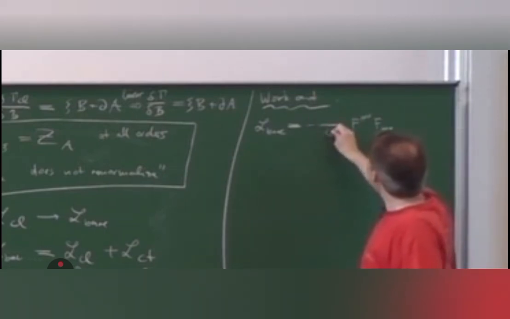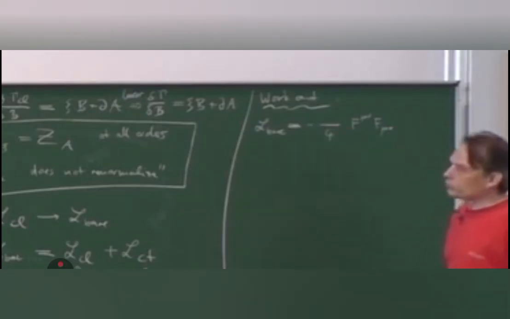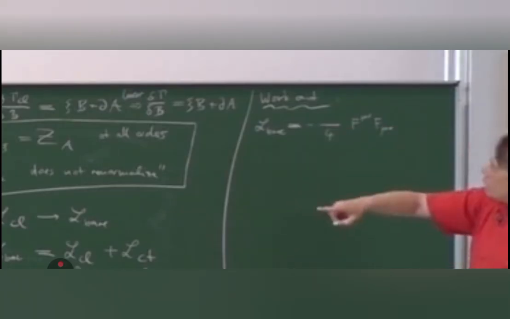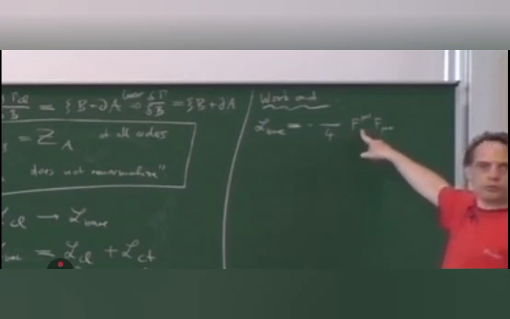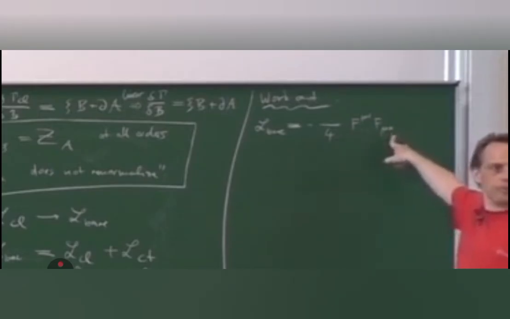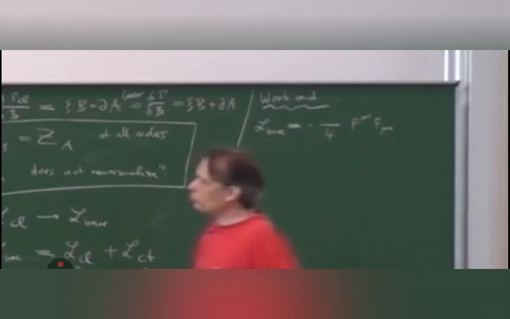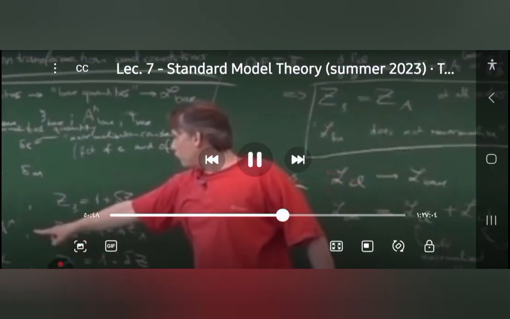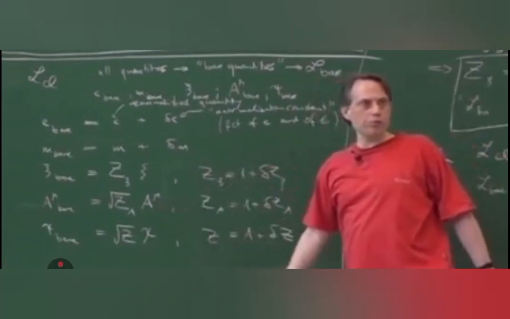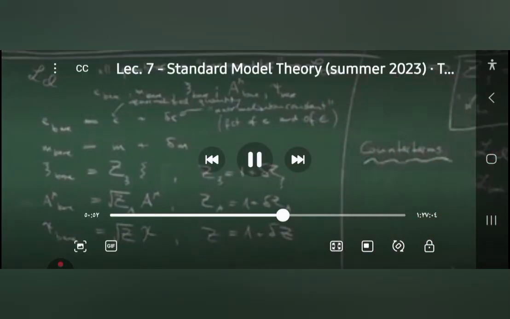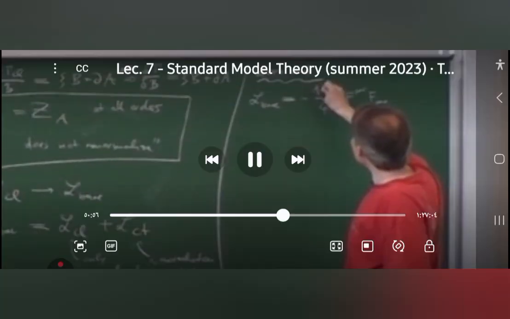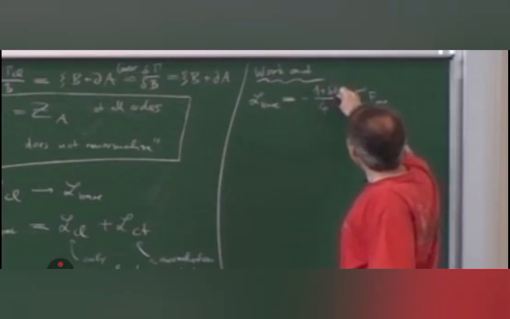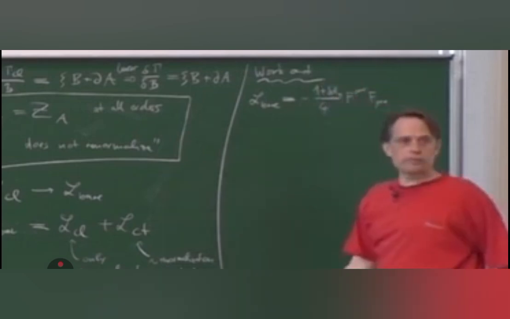In the bare Lagrangian we could write minus 1 over 4 times F bare mu nu times F bare mu nu, but F bare mu nu is the same as the square root of ZA times F mu nu, and therefore we get here a prefactor ZA, which is the same as 1 plus delta ZA, right? Is that clear?